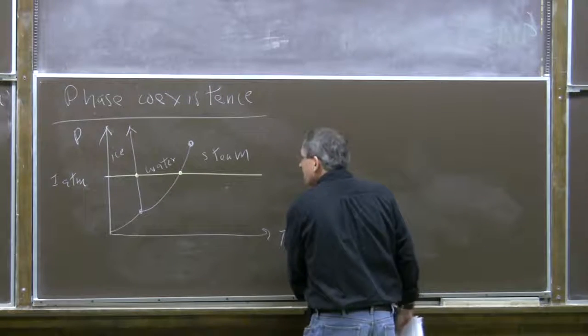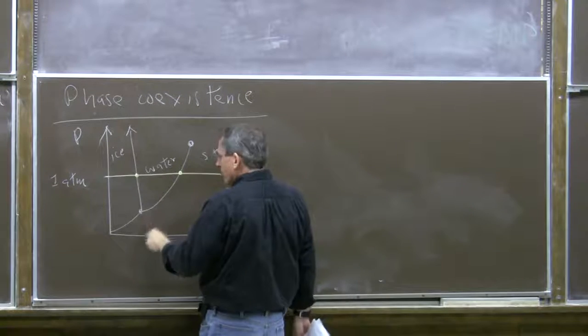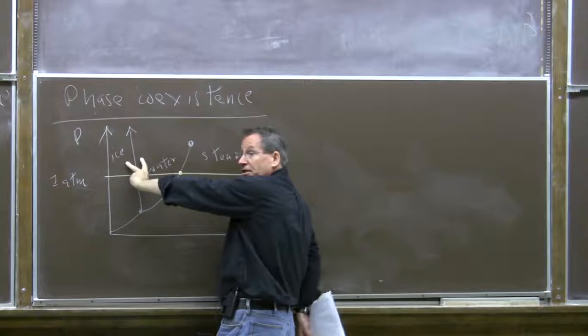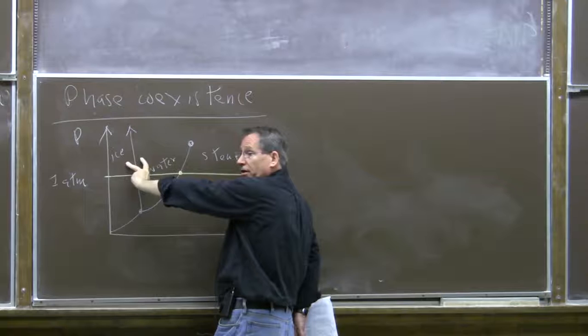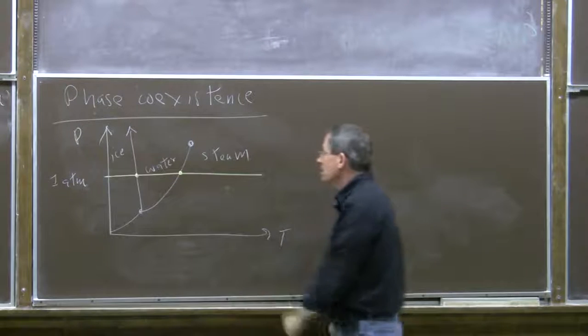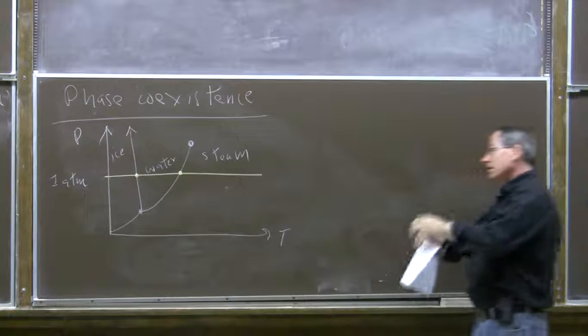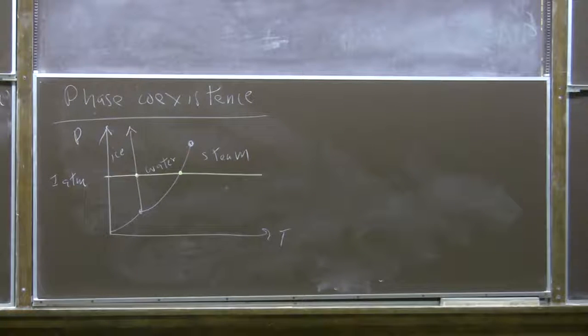Well, actually, before I get to that, what do these curves represent? They represent values of the temperature and pressure where 2 phases can be in stable equilibrium with one another. Well, that's what I mean by coexistence. So if you're at 1 atmosphere pressure and 0 degrees Celsius, you can have water and ice in contact with one another in a stable configuration, a mixed phase.